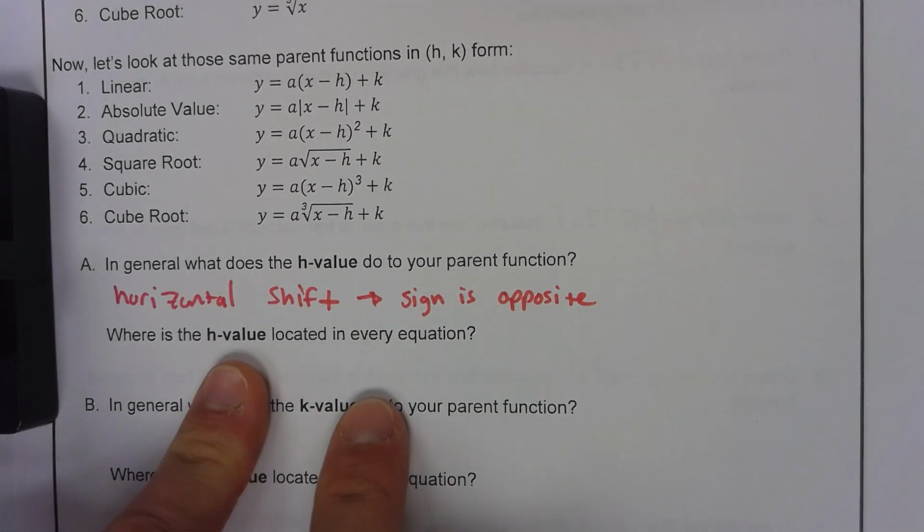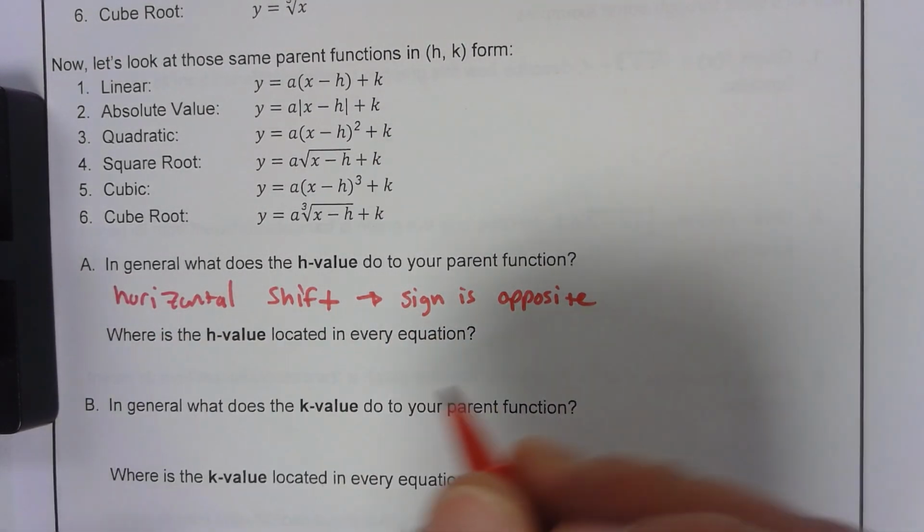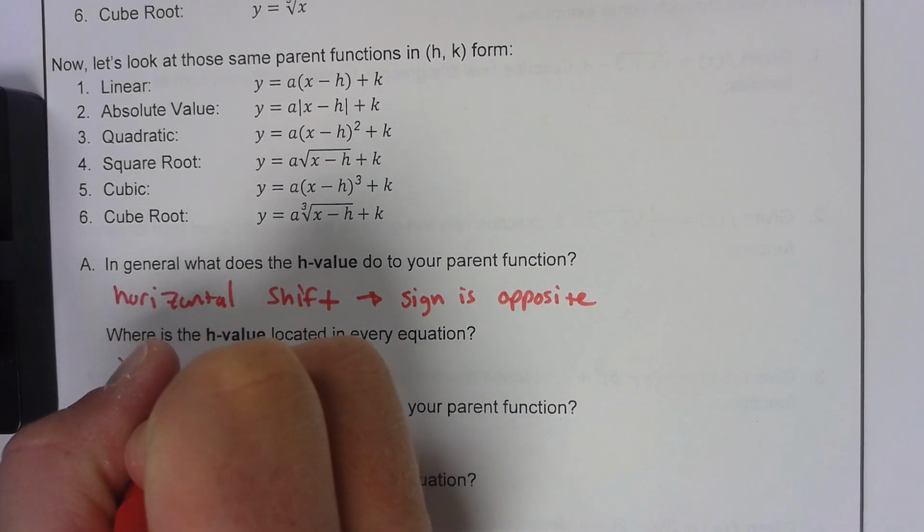All right, and I've already mentioned this, but let's write it down: the H value is located inside the function operation.